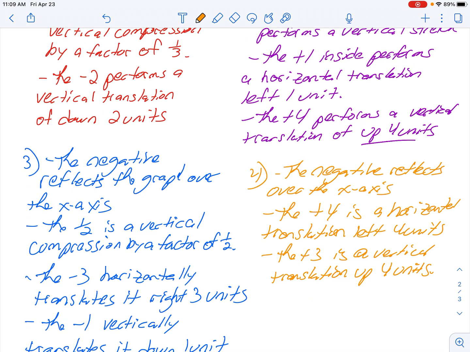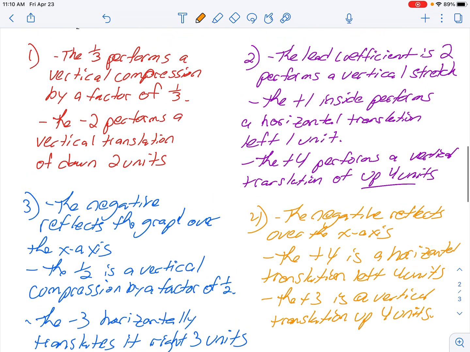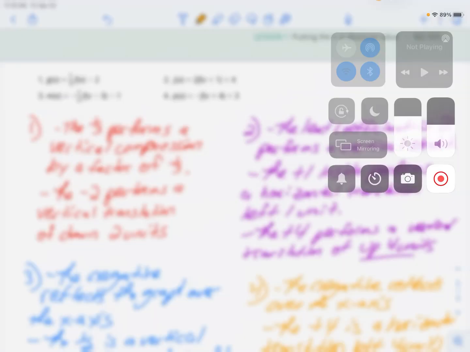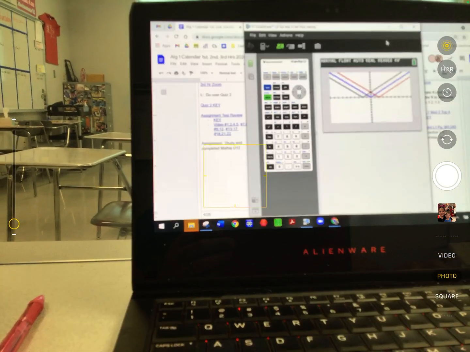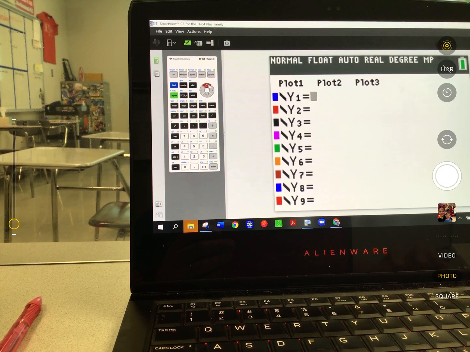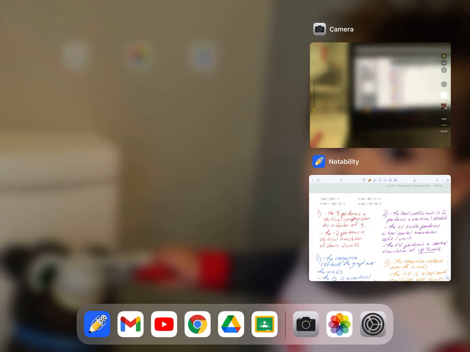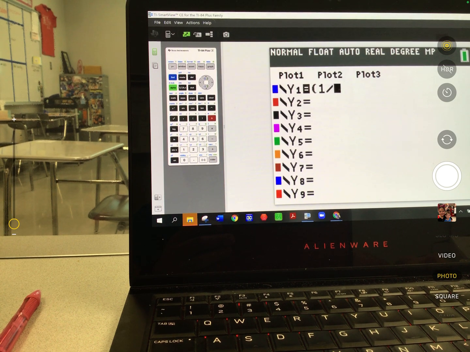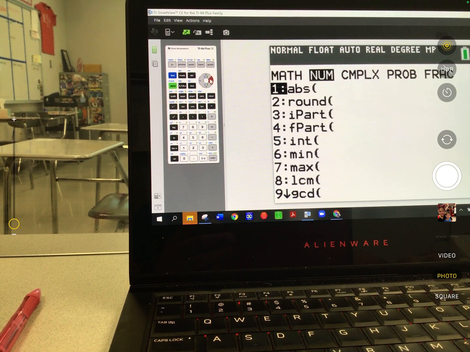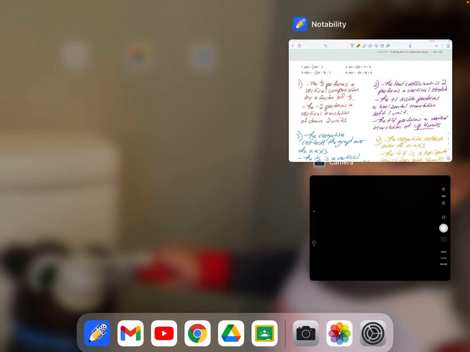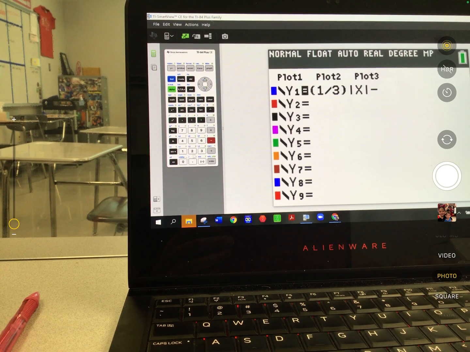All right, in terms of our graphs, I would use your graphing calculator to punch in these 4. So that's what I'm going to get ready to do. All right, now we've got our y equals, so I'm going to clear out my first ones from the notes. On that first one, it's 1/3 times the absolute value of x, minus 2, so parentheses 1/3, math over to num, abs, x, get outside the bars because it is then a minus 2.